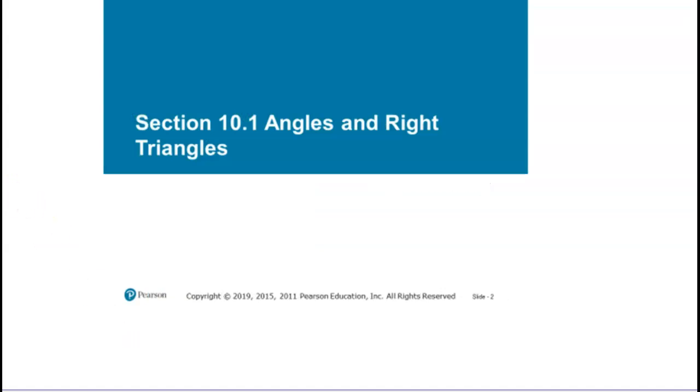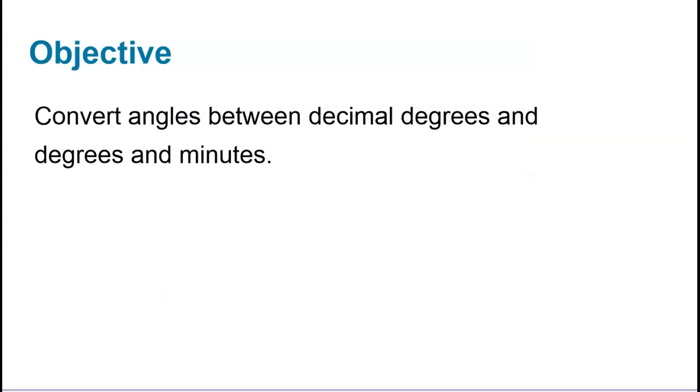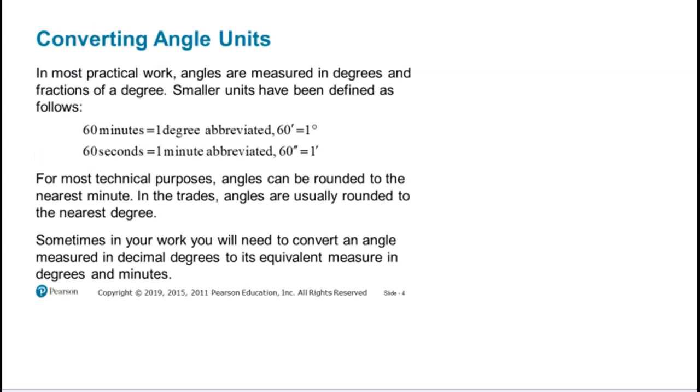We're going to first look at angles and right triangles throughout this section. And our objective will be converting angles between decimal degrees and degrees and minutes. So, just a little background with this.